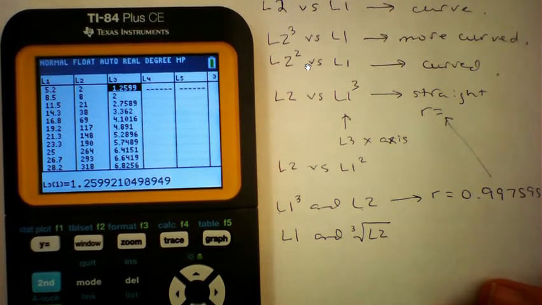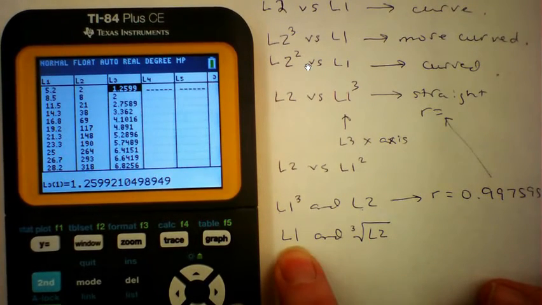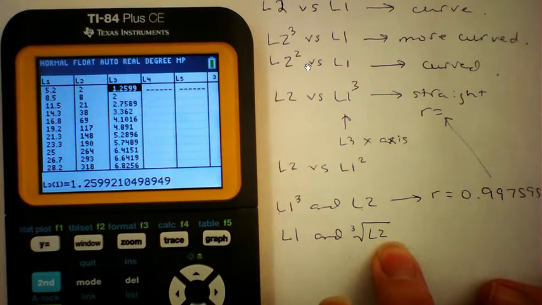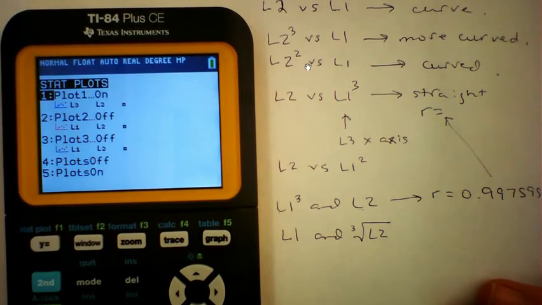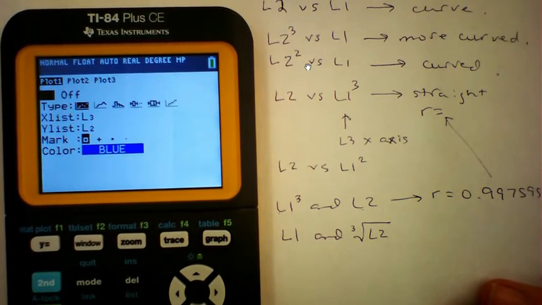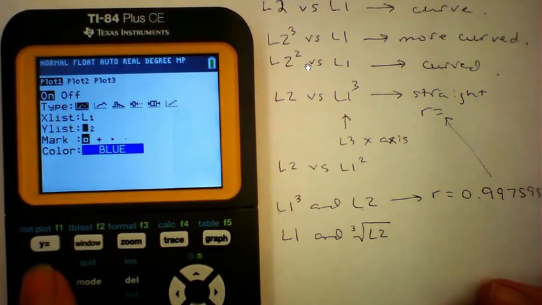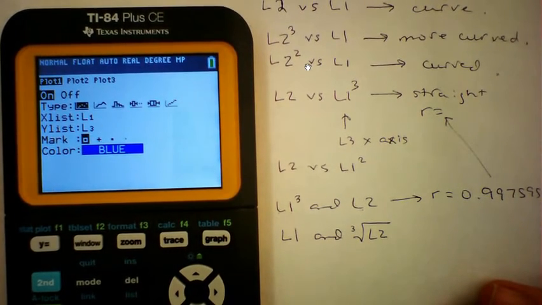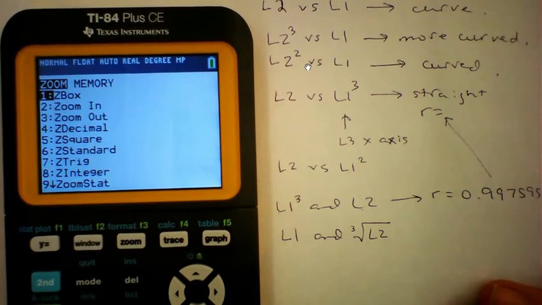Now I have to take my L1 list and go to stat plot, L1, L3. It's really important to keep track of which thing is the X and which one's the Y. Zoom 9.